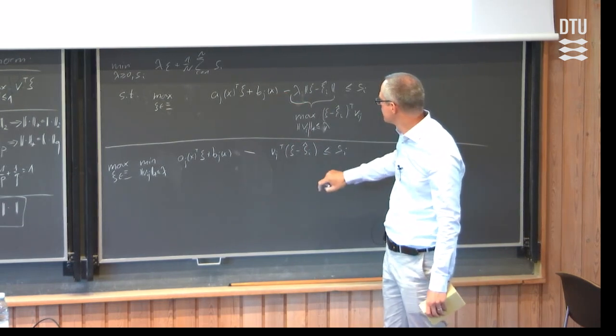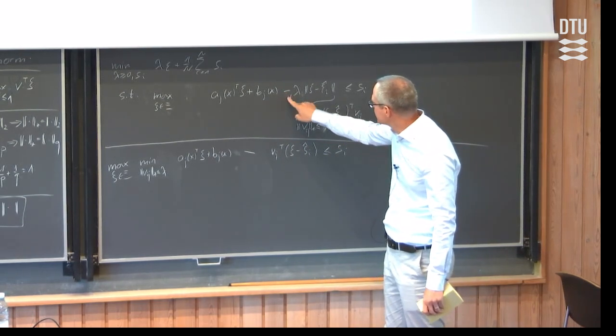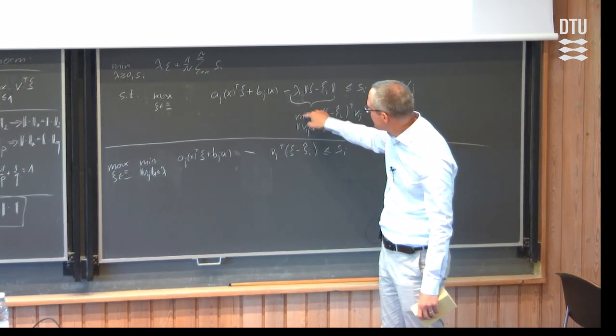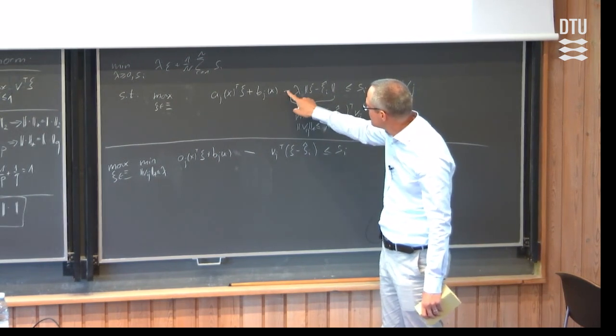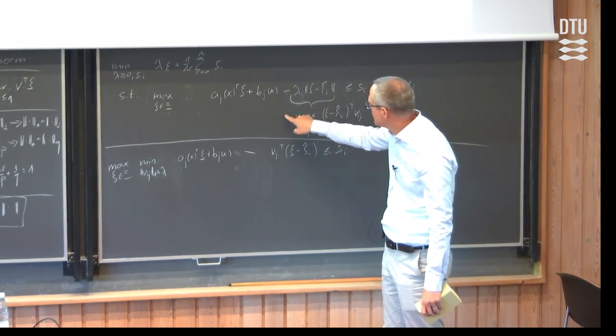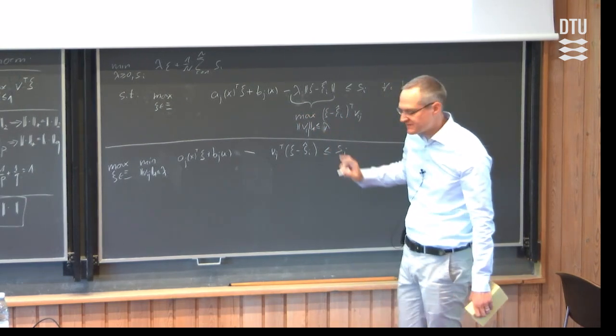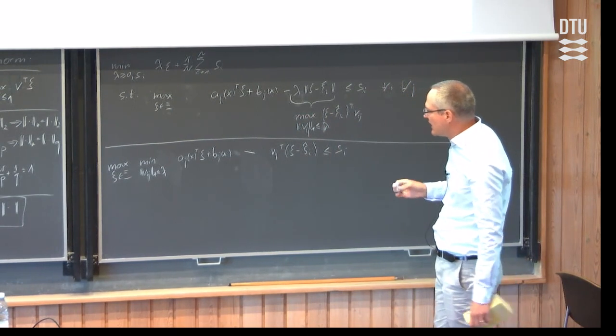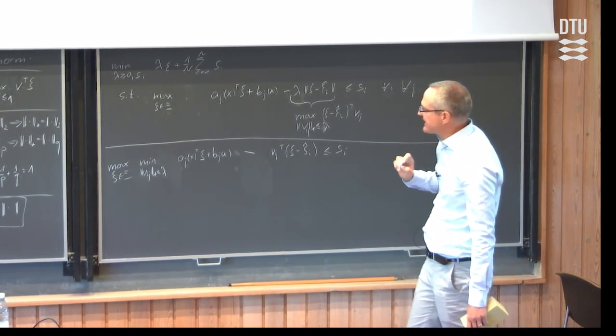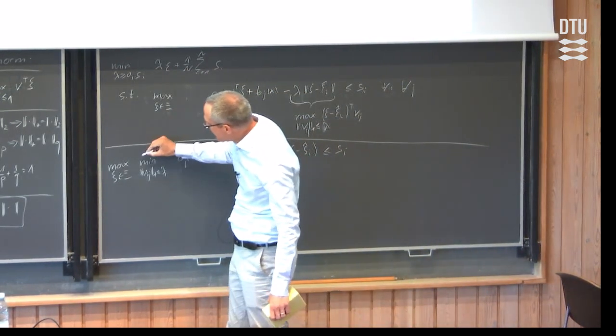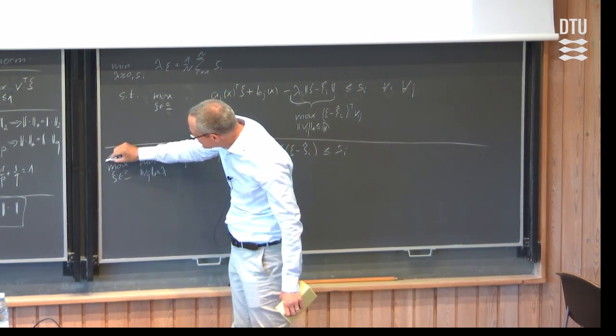Minus max. The max goes out. Minus max is equal to min of minus. So the minus stays. Okay. Now, it turns out that I can interchange here even the min and the max.